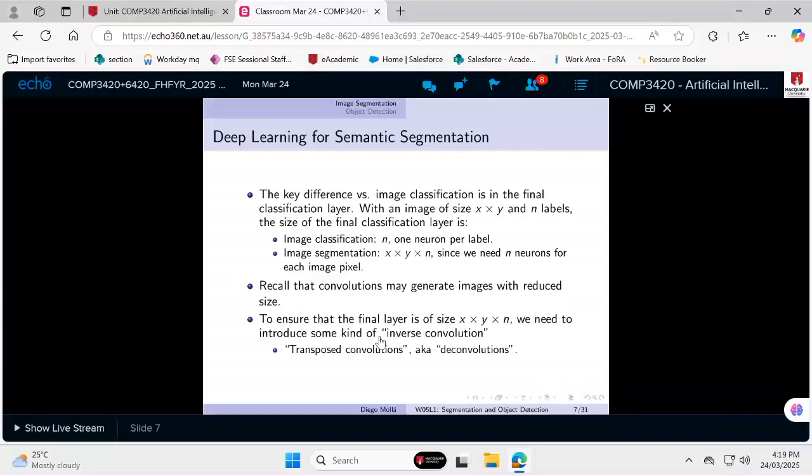You need to find a way to, I would say, undo the convolution, but in a smart manner. You don't go back to the image, you go back to image size, but with a high level of abstraction, so that it represents the category of the pixel. Technically speaking, this deconvolution is called transpose convolution, but it's also called inverse convolution, deconvolution, or upscale convolution.